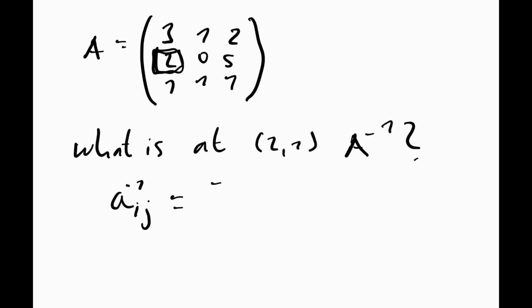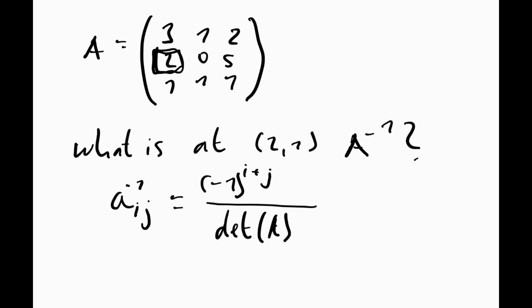Well, in the following way. It's -1 to the I plus J over the determinant of the original A on the bottom, times the determinant of, how could we name this, I would call it CJI.